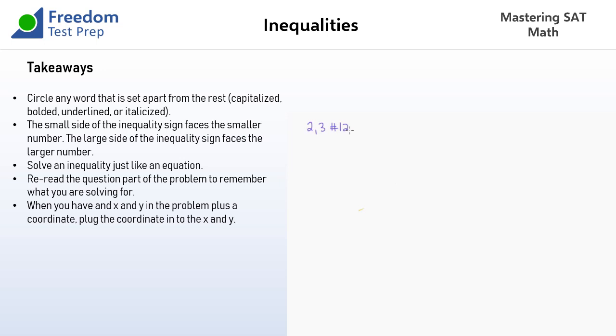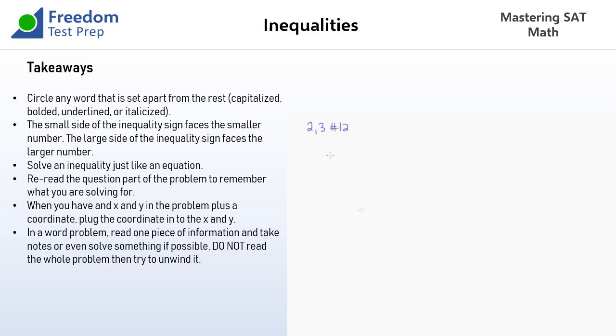So let's read this word problem like I would any word problem. In other words, not read the whole thing. Just take in one little bit of information and write it down. So I'll read the first sentence. On January 1st, 2000, there were 175,000 tons of trash in a landfill that had a capacity of 325,000.